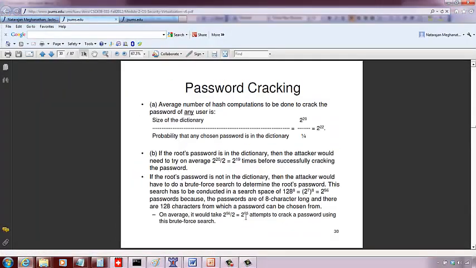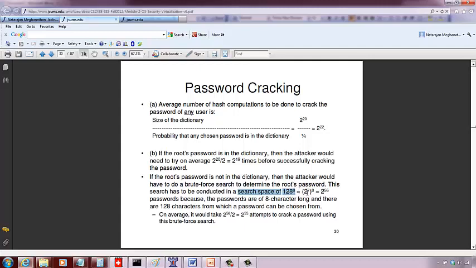That is the search space, which means the maximum number of passwords you will have to try. Again, on average, you will be able to try only half of them and find the right password. So the maximum number of passwords is going to be 128 raised to 8.